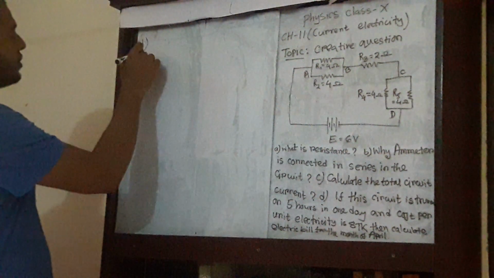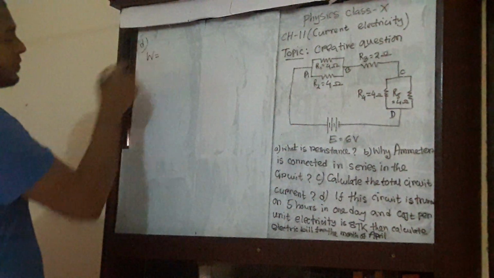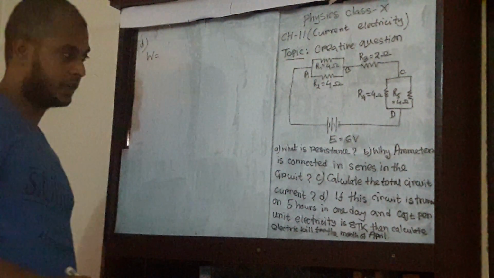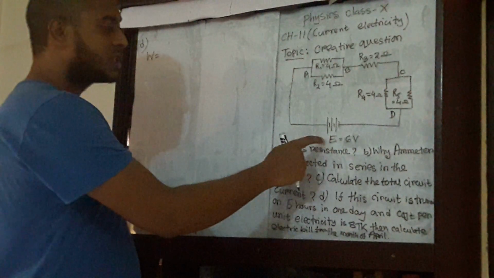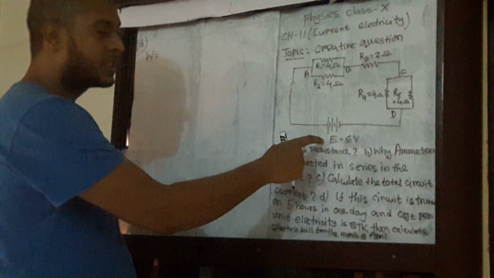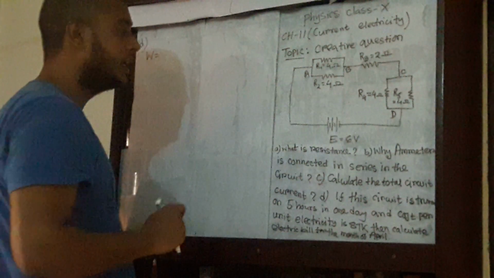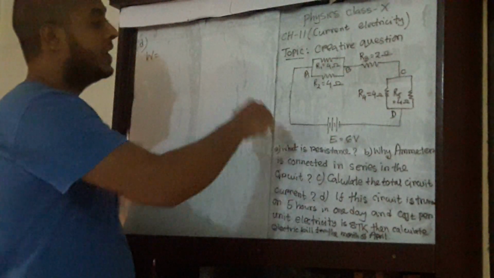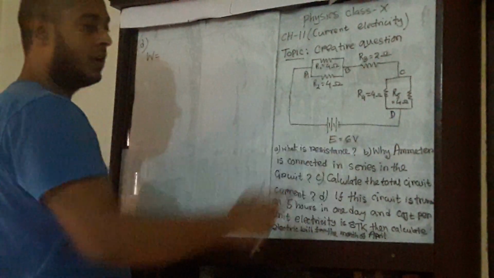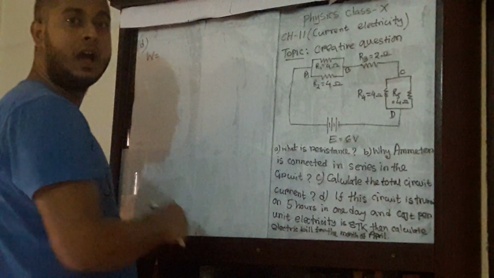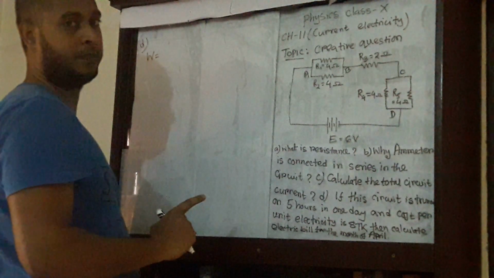At first, we want to find out the electric work of the circuit. Before finding the electric work done, there is some given information. The first one is electromotive force or voltage. At question number C, I already found the electric current of the circuit. So V and I are given.